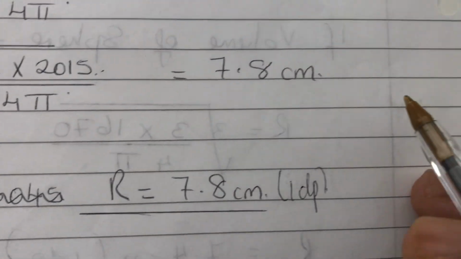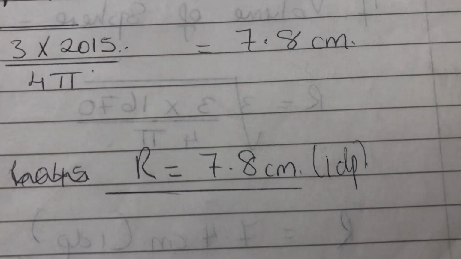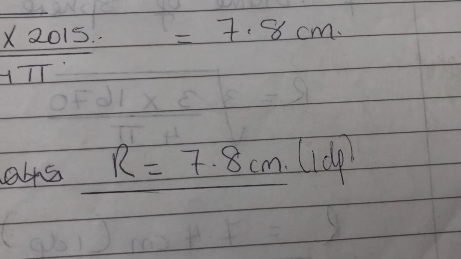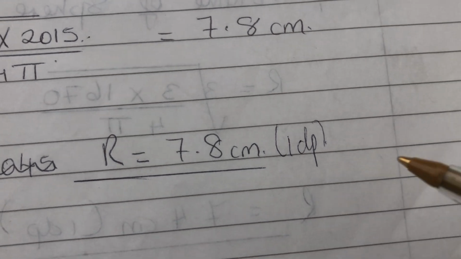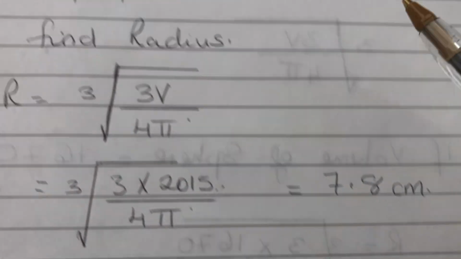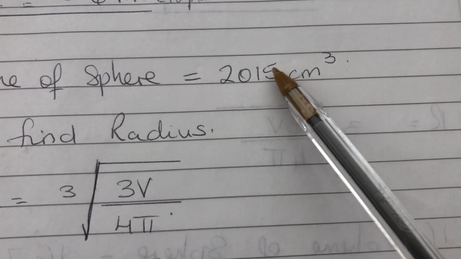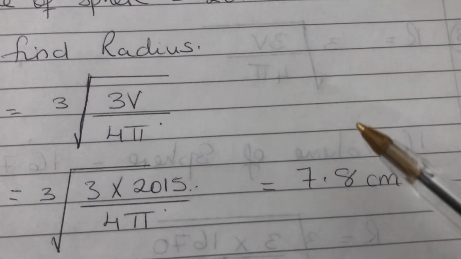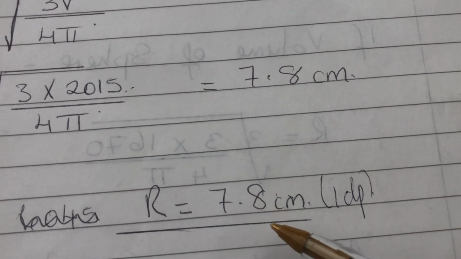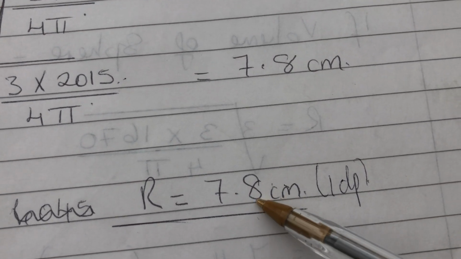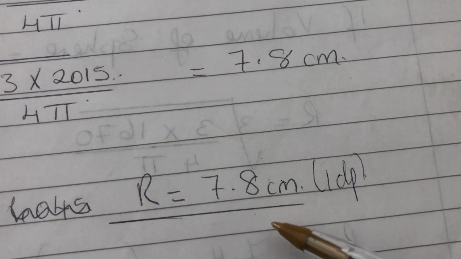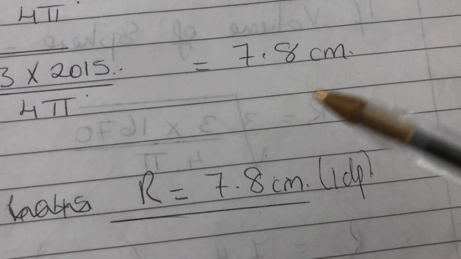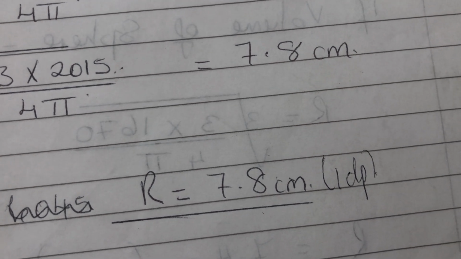Okay, but assuming they ask you to leave your answer to 2 decimal places or the nearest centimeter, and it's centimeter because the volume of the sphere is centimeter cube. So assuming they ask you to leave your answer to the nearest centimeter, that'll be 8 centimeters. Or the nearest whole number, that will also be 8.